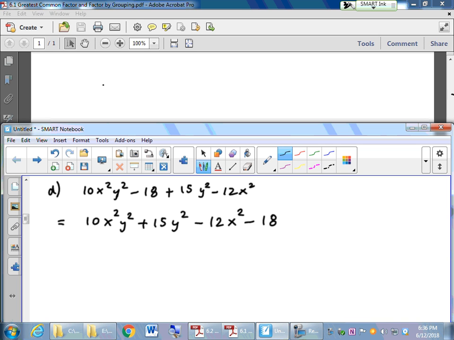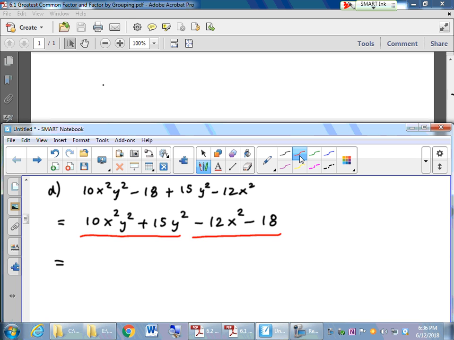Look at the first two terms: I have the greatest common factor y squared, and I have the greatest common factor 2. If you factor y squared out, I don't have any more y, and that's the same case in the second two terms. There's no more y. So let's check it out.